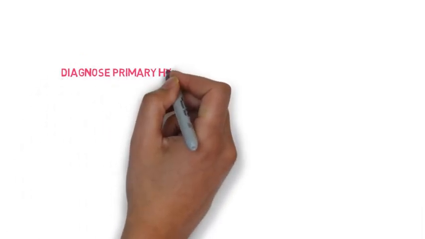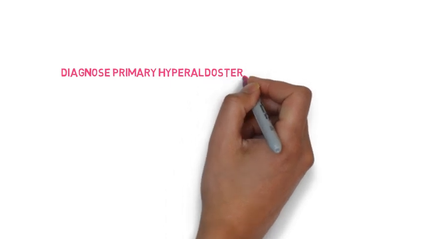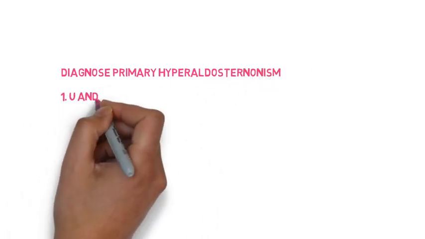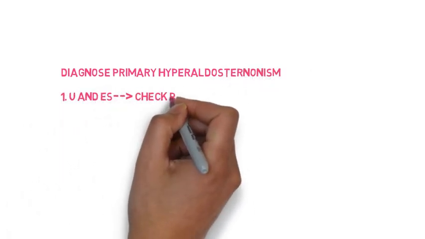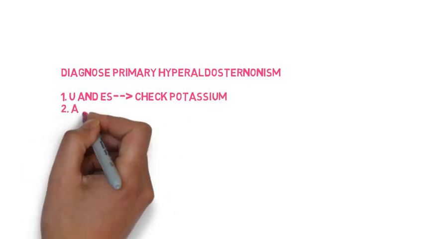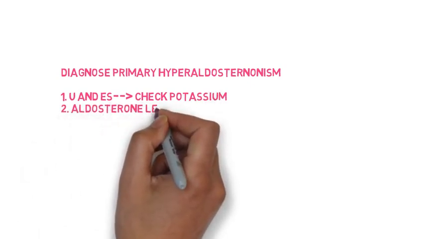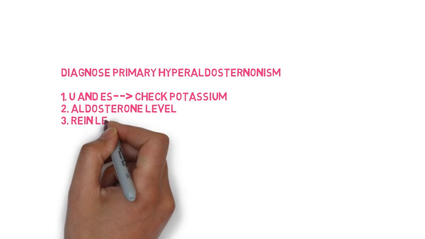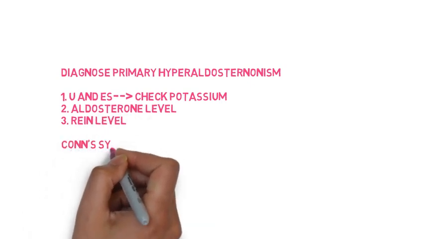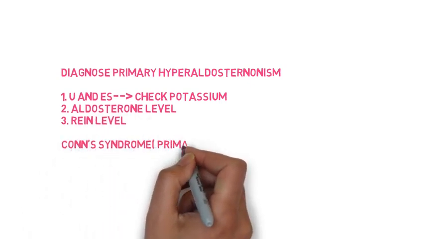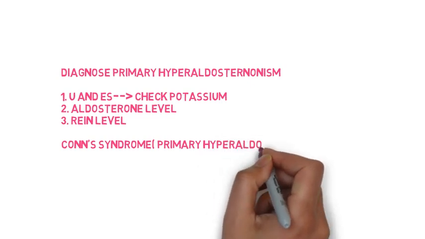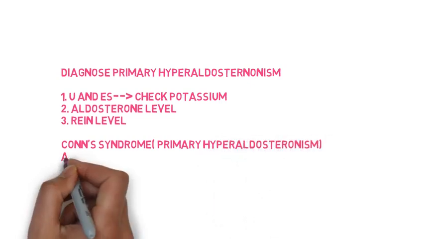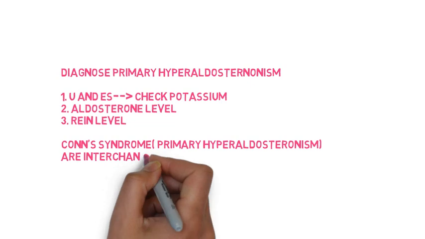And how would we diagnose hyperaldosteronism? Well, you'd look at the electrolytes, check if the potassium is low, you'd check the aldosterone, it would be raised of course, and the renin. And normally, if the aldosterone is high, as in this case, the renin is going to be low.